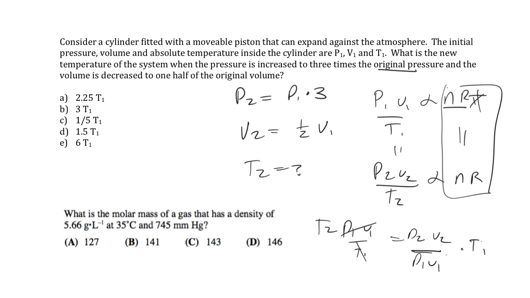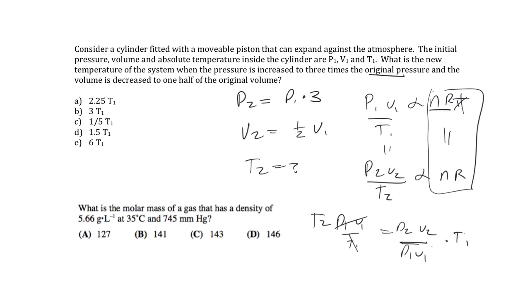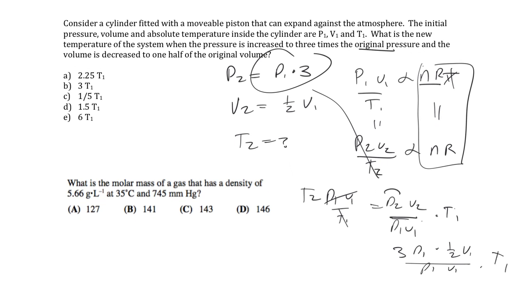What I should be plugging in here would be 3P1 for P2. So just plug in what this is equal to here, times V2, 1/2 times V1, divided by P1, V1, times T1. I'm just plugging into this equation here.